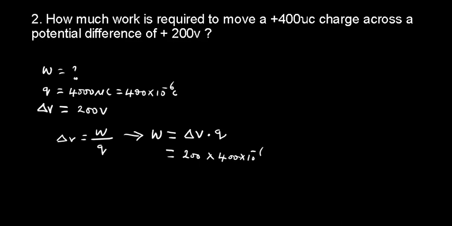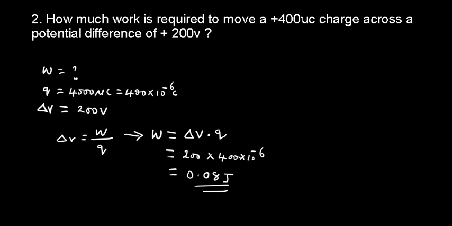We take that 400 times 10 to the negative 6 multiplied by 200, and we have 0.08 joules, because the SI unit of work is the joule. Okay, I hope that is well understood.